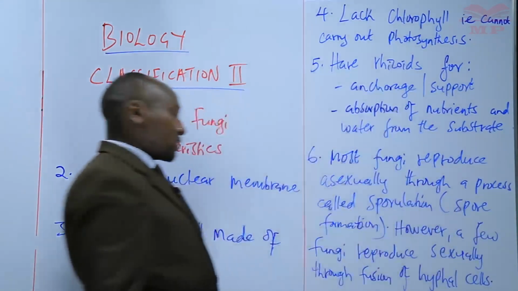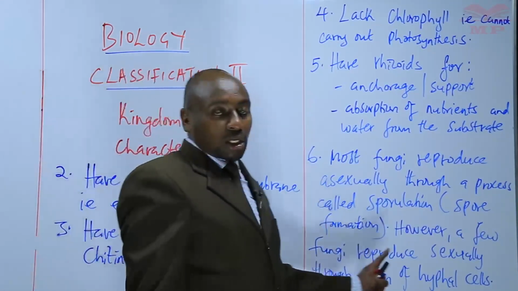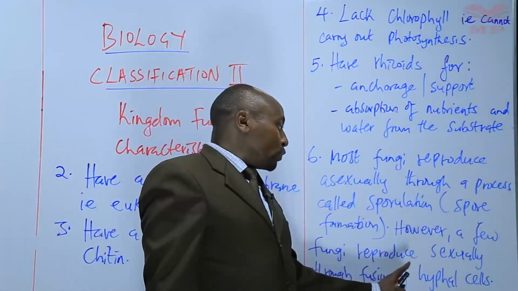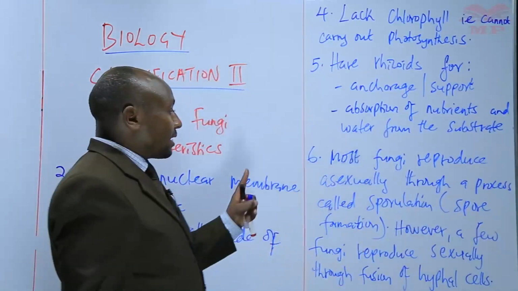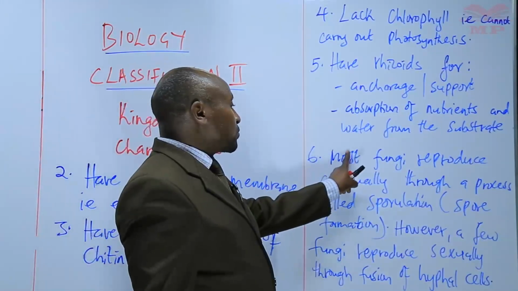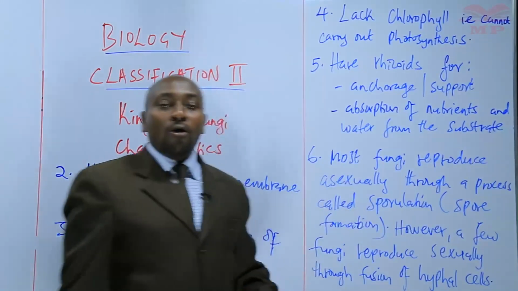They can also fuse. So when there is a fusion between different cells, that is sexual. Where there is no fusion, that is asexual. But we are saying that mainly most fungi will reproduce asexually through the process that we are calling spore formation.